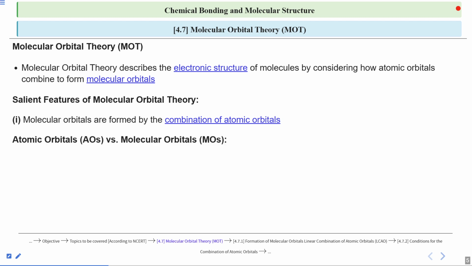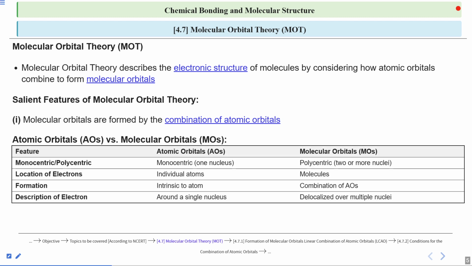Now, if I try to differentiate between atomic orbitals and molecular orbitals, then the main points of difference would be according to this tabular form. First of all, a molecular orbital is associated with more than one nucleus. Of course, it is true because in the case of a single atom where only one nucleus is present, the atomic orbital experiences force due to that single nucleus.